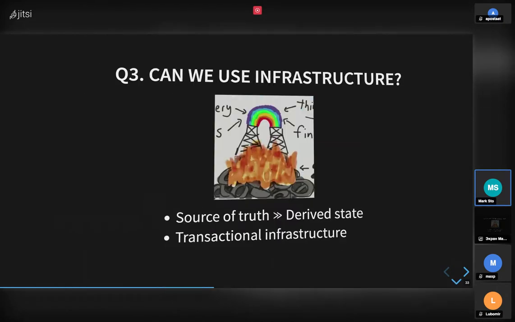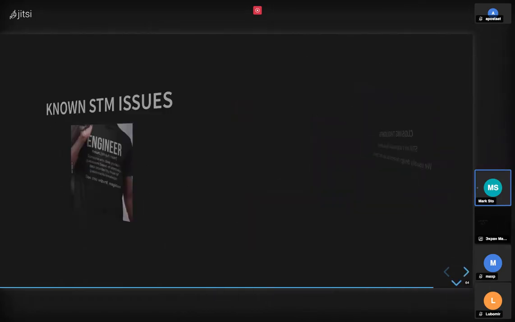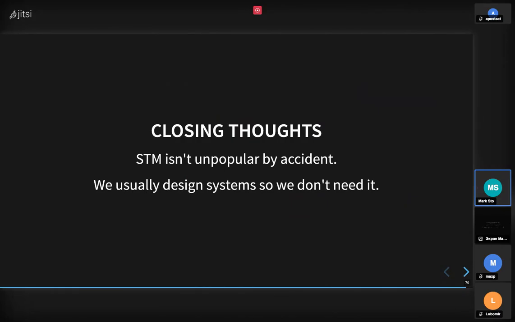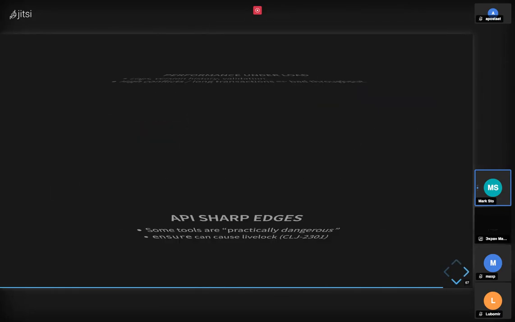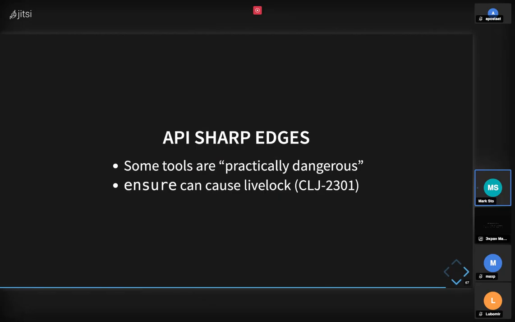It's an interesting case because it lands here in this API sharp edges bucket. The interesting thing is that readers may cause retries in the case of Clojure STM.